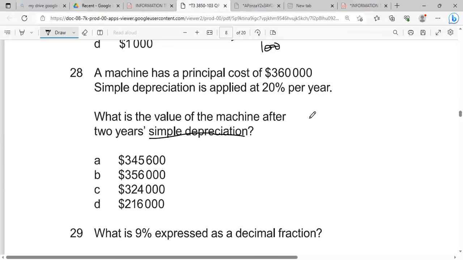So after 1 year you decrease it by 20%, and for the second year you decrease the new value by 20%. But in City and Guilds, if they say simple depreciation, it's a flat rate over the 2 years.